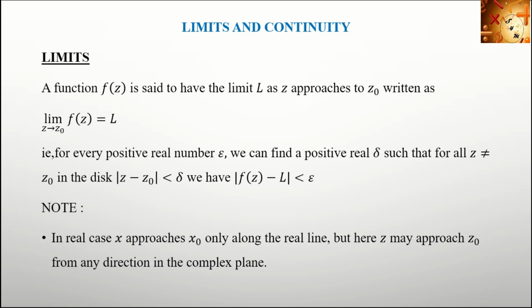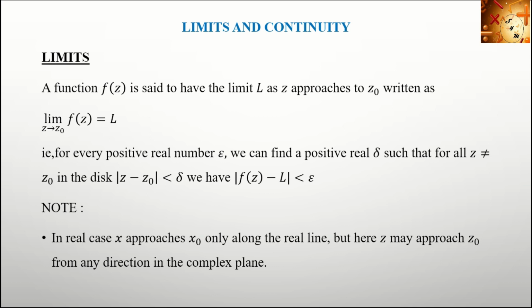In the real case, x approaches x0 only along the real line. But in the case of a complex function, z approaches z0 from any direction in the complex space.